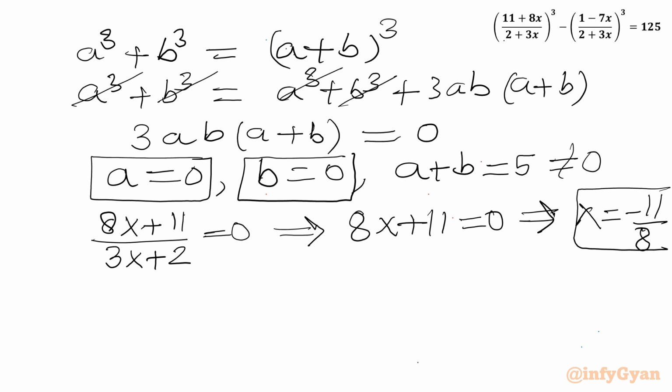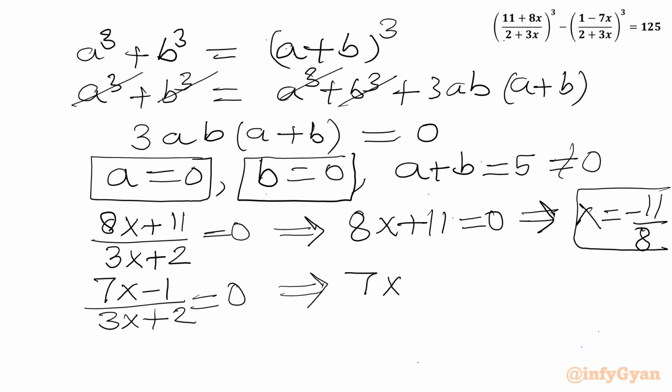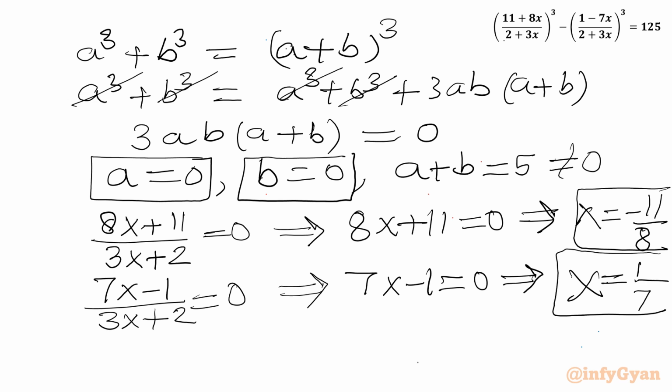And B equal to 0, then (7x minus 1) over (3x plus 2) equal to 0. Conclusion, 7x minus 1 will be equal to 0, or x will be equal to 1 over 7. This is our second answer.